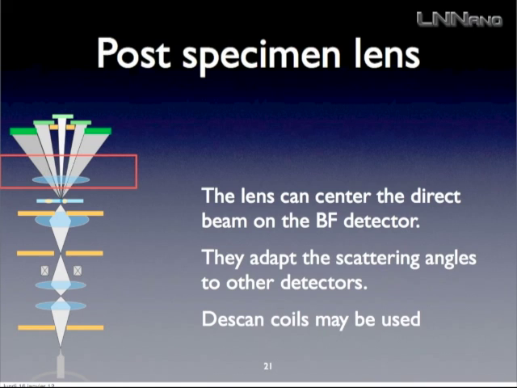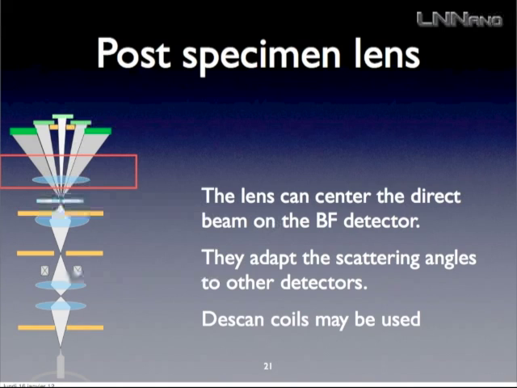A last point is that in a modern microscope, such as an STEM microscope, you have not only scanning coils, but also what we call descan coils, so that these coils here and coils here that I didn't show are working in opposition, so that your beam, even if you scan a large area, stays aligned with the optical axis.